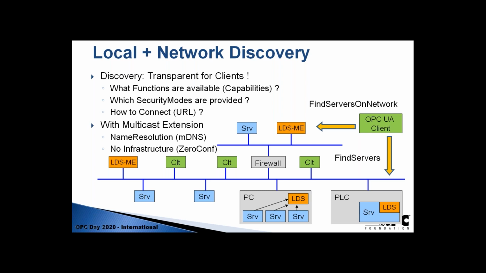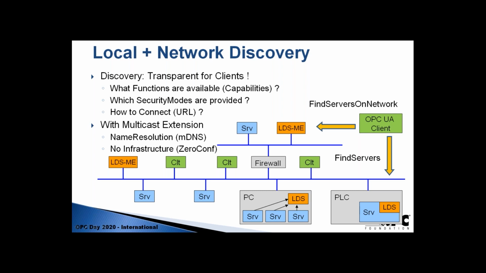So there's the LDS, the local discovery server, which is a list of servers that run on one computer. And if there's only one server running, then this LDS functionality is inside the server itself.